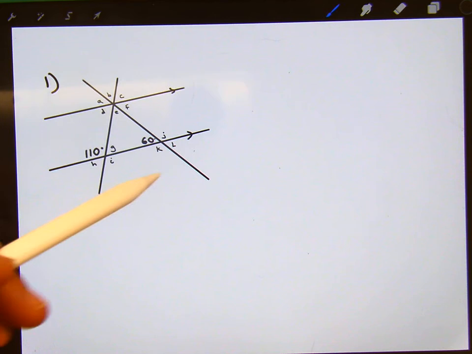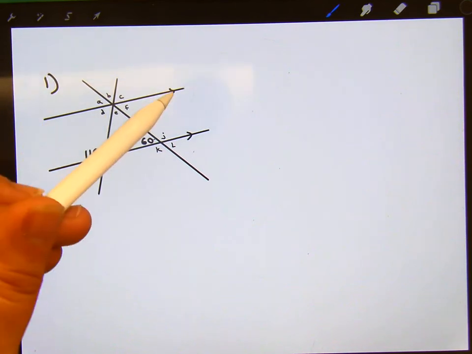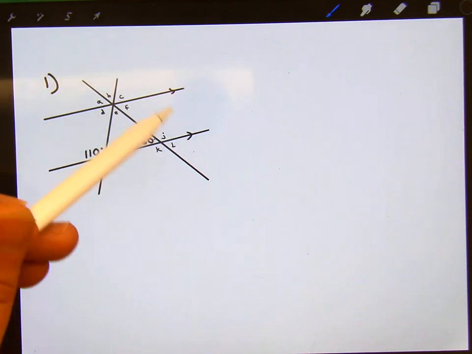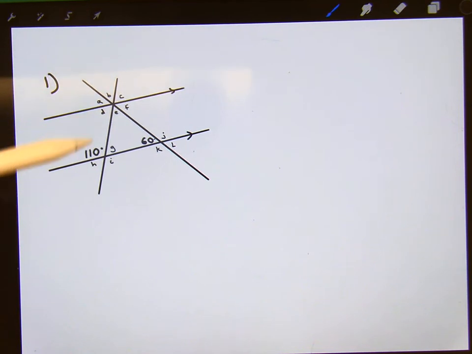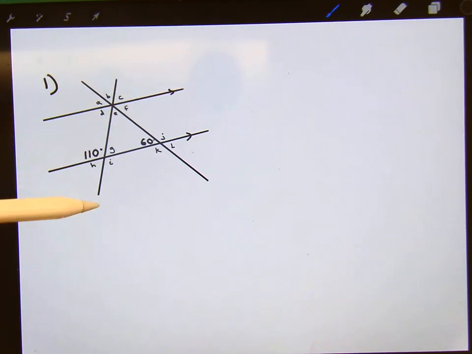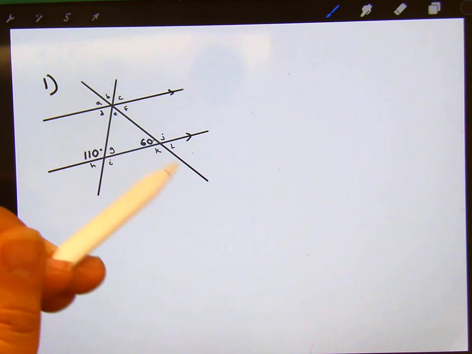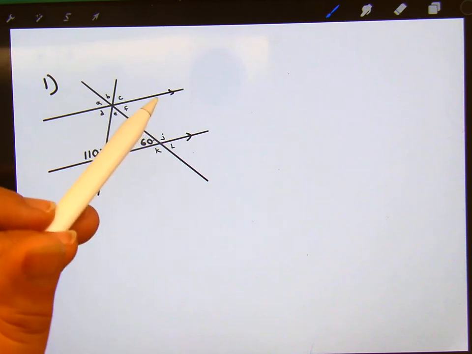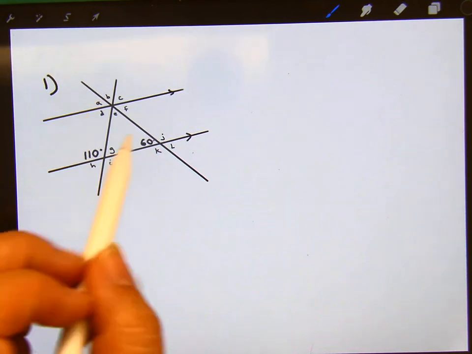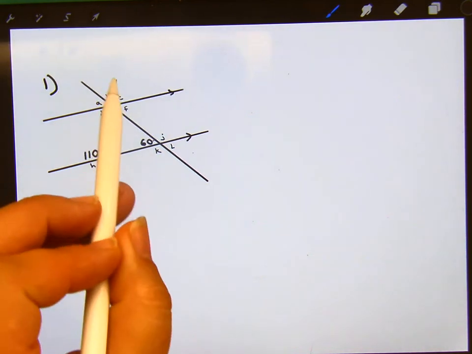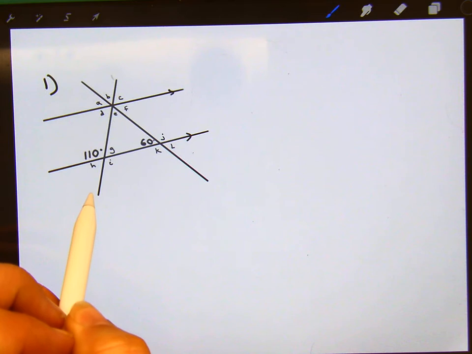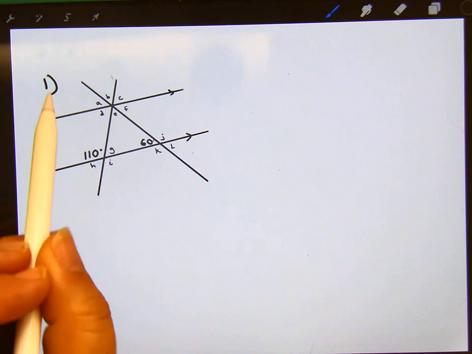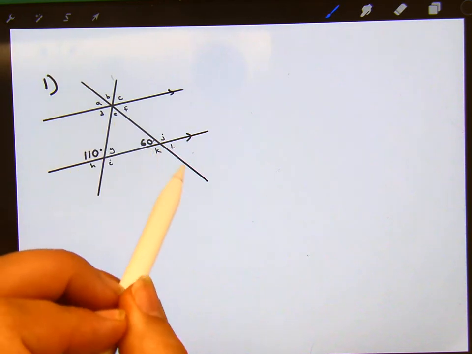An important concept when you're looking at this is, okay, well, here are our parallel lines. And so technically we have two transversal lines cutting through our parallel lines. So all rules that apply with any set of parallel lines and a transversal exist here and exist here.